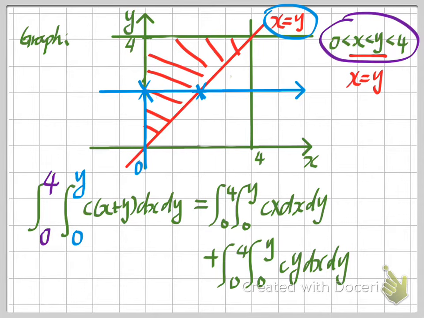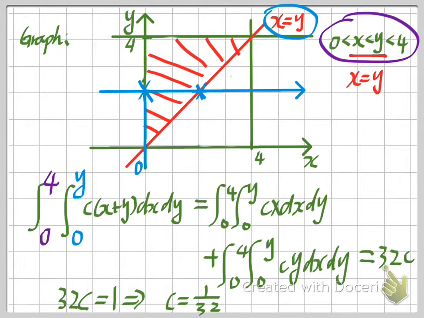If you're interested in how to compute this, just leave me a comment and maybe I will add it later. But the final answer of this part is 32c. And because previously we said this 32c should equal 1, we have c equal to 1 over 32. So this is our value of c.